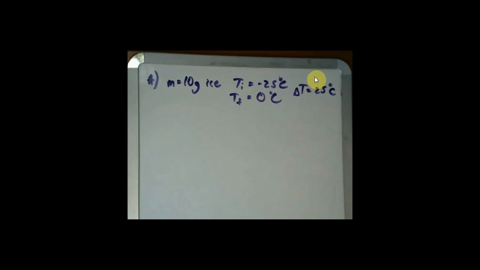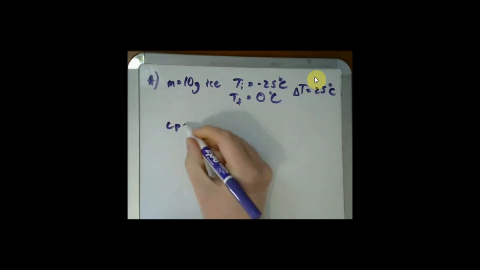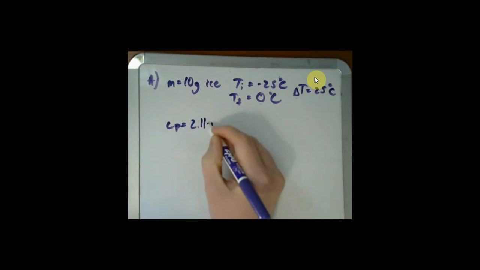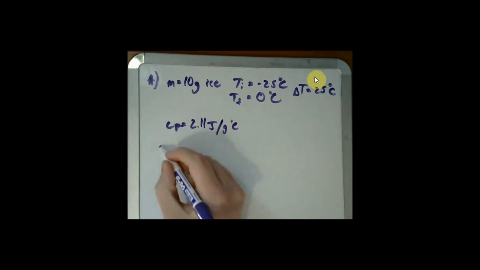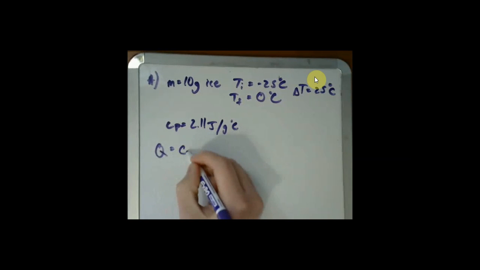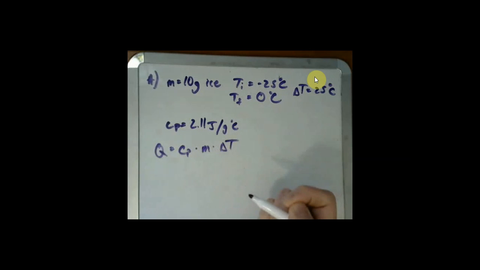So we have a C, our specific heat at constant pressure of ice, 2.11 joules per gram degrees C. Our equation, Q equals Cp times our mass times our change in temperature.